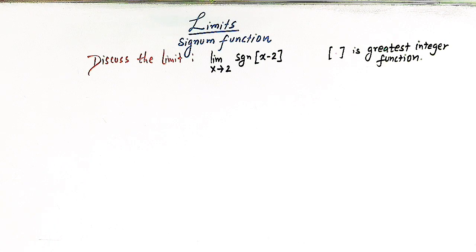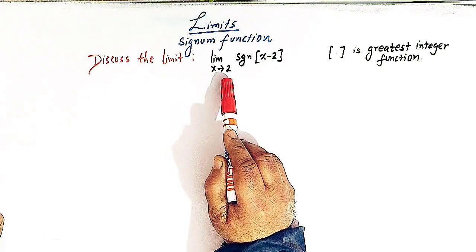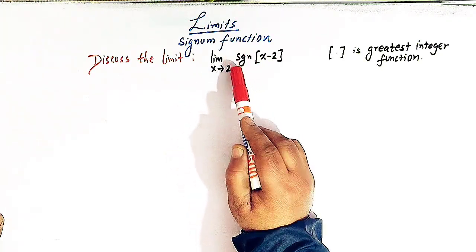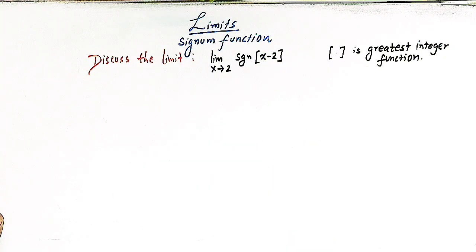Hello viewers, in today's session we are going to discuss another important and conceptual problem from limits involving the signum function and greatest integer function, right? So here we have to discuss this limit, that is limit x tends to 2, and here we have the signum function of greatest integer of x minus 2, right?